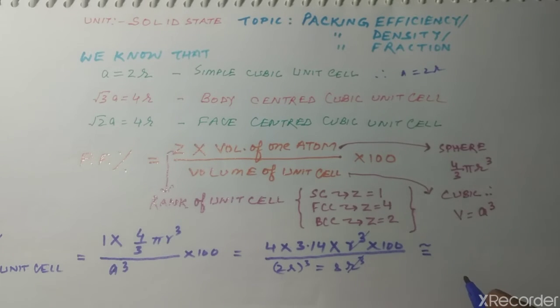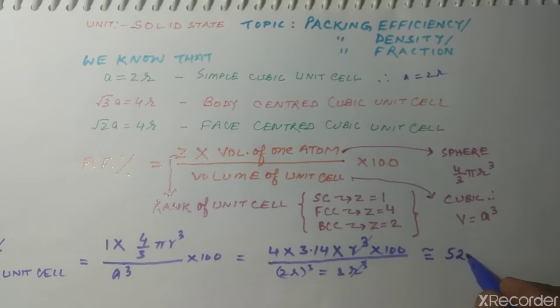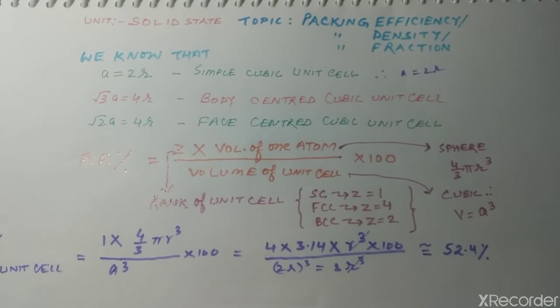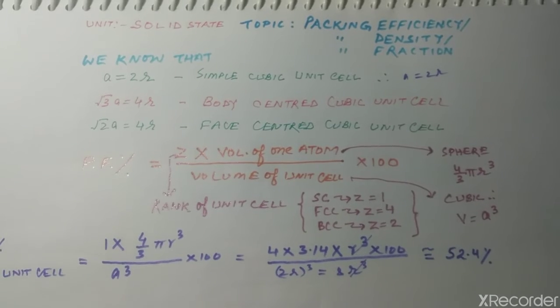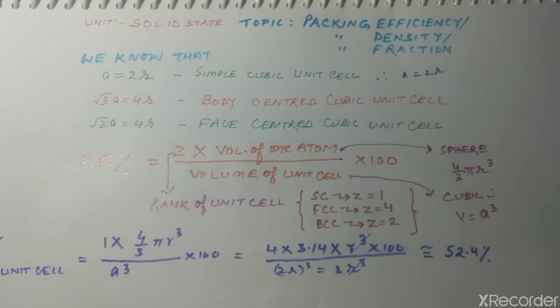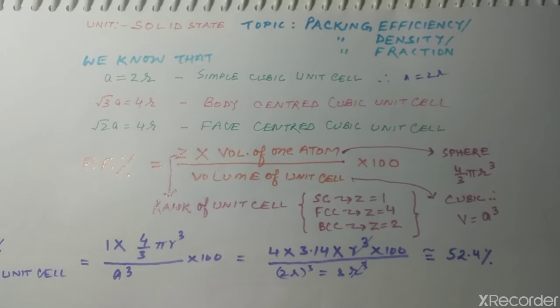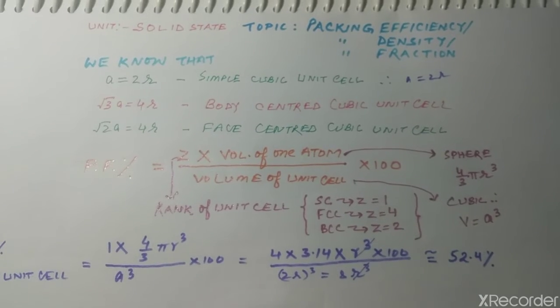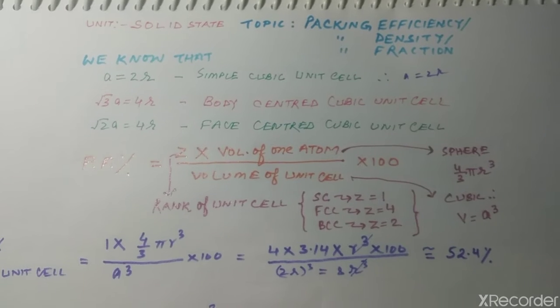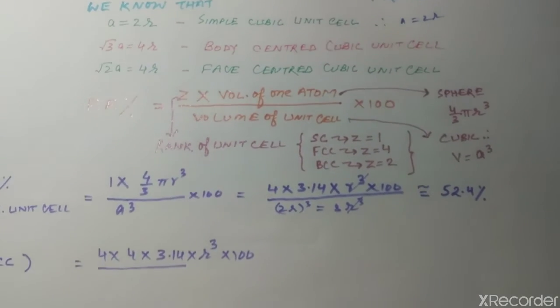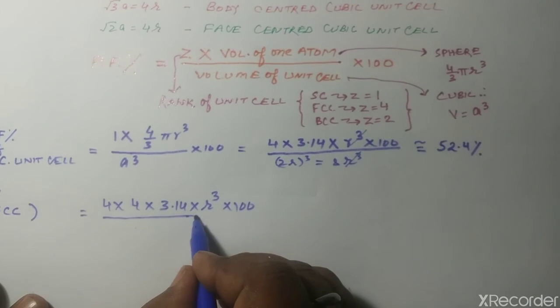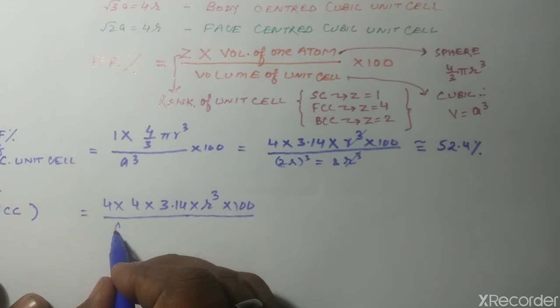Right? Similarly, for face centered cubic unit cell, this is 4 into 4 into 3.14 into r cube into 100 upon a cube.